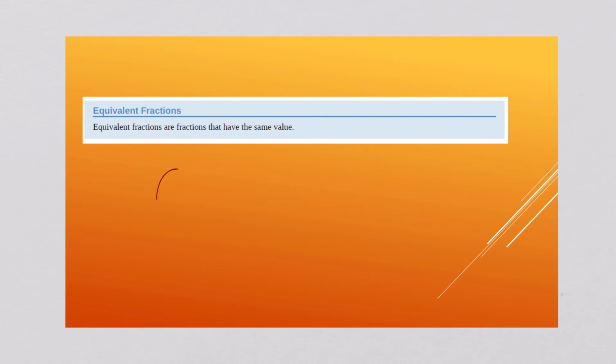Okay, so equivalent fractions are fractions that have the same value. So if I had something that's cut into 2 pieces and I take half of it, this right here is 1/2, right? So now I'm going to cut it into 4 pieces, and I'm still going to take half of it.